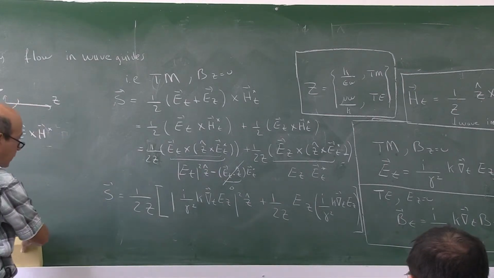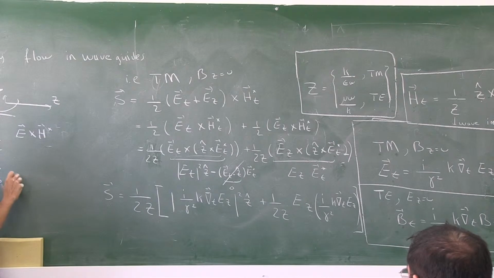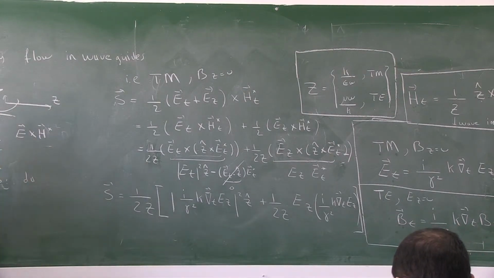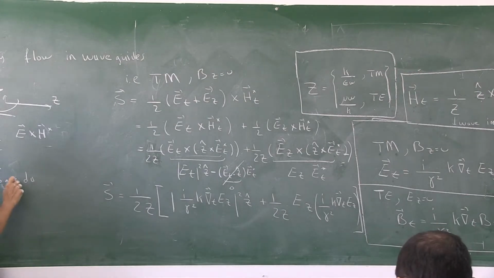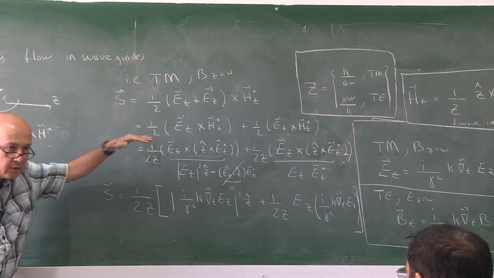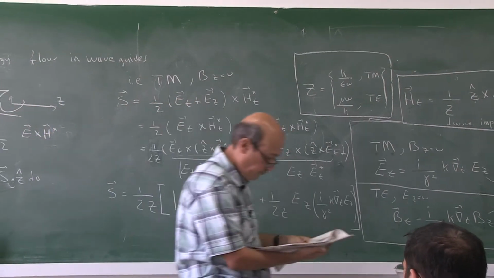So how can I calculate the power transmitted? What is the power transmitted? The power transmitted is S dot n dA, not n, but say z. On average, power is transmitted along z. Okay?